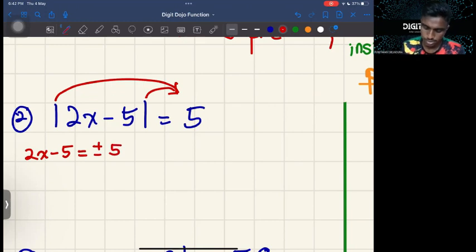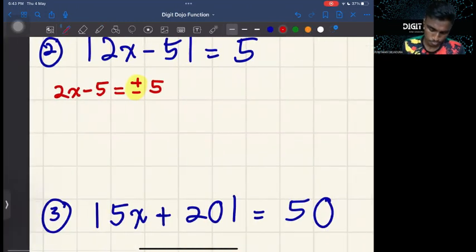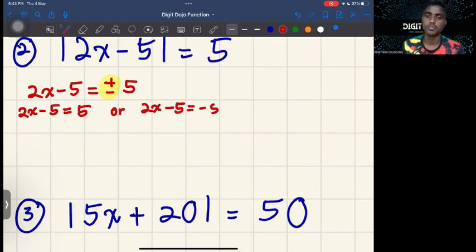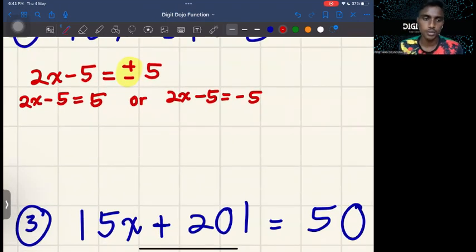You have to put this symbol, ±5. What is meant by this? ±5 means 2x minus 5 can be positive 5, or 2x minus 5 can be -5. There are two possibilities. That is meant by ±5. So you will be getting two values for x.